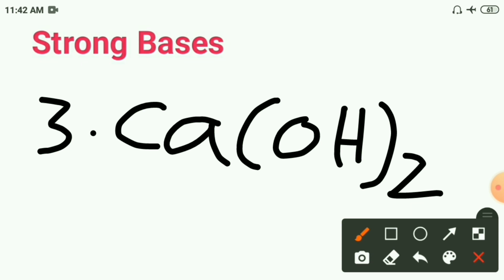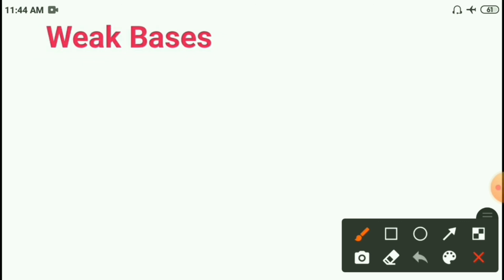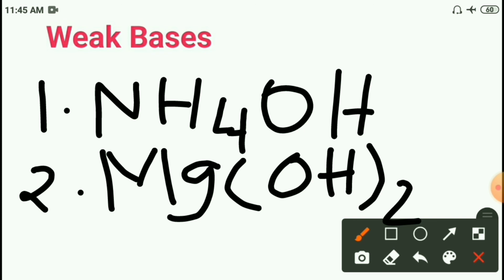And the third example for the strong bases is calcium hydroxide. Its chemical formula is CaOH2. And the examples for weak bases, the first example for weak bases is NH4OH.